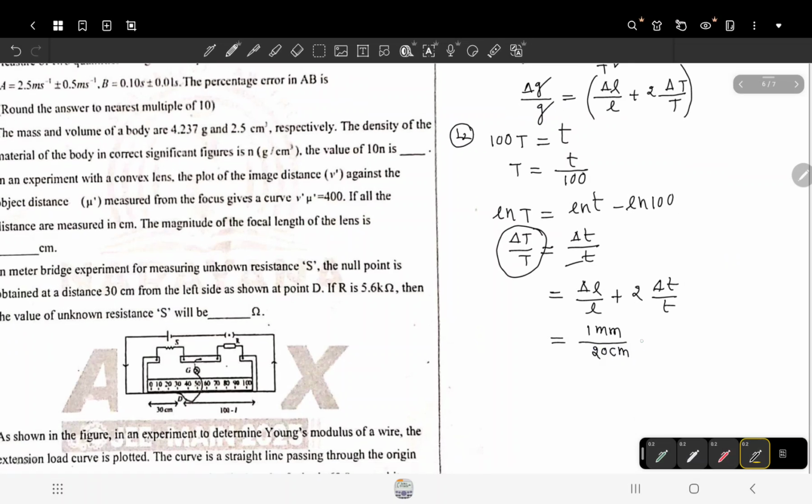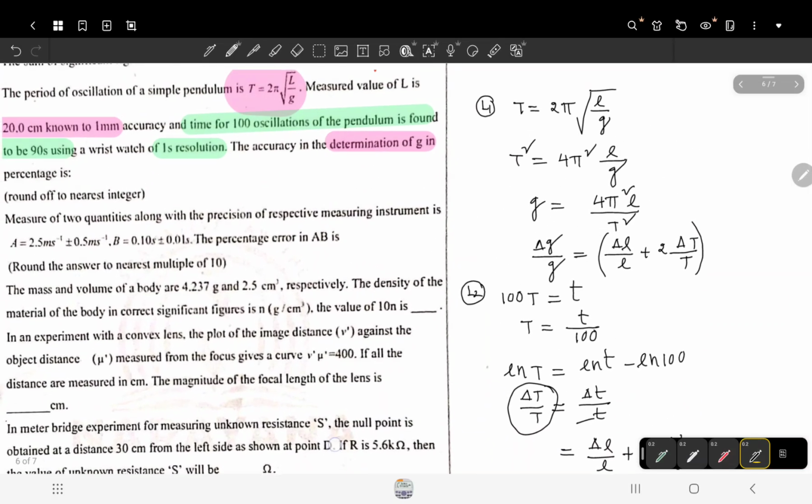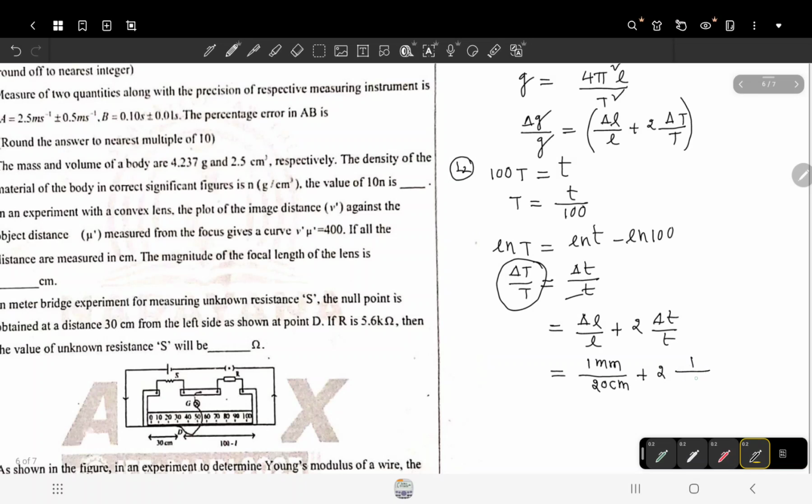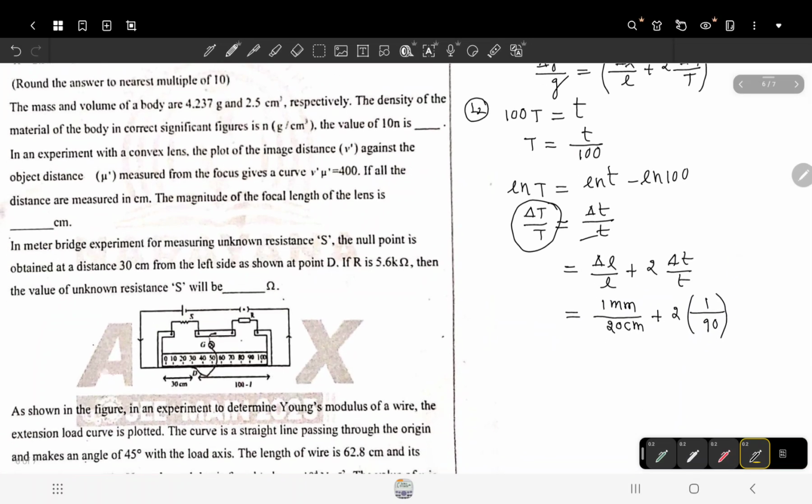Plus 2 into delta T by T, where delta T is 1 second and T is 90 seconds, right? So 1 mm can be written as 0.1 centimeter. Therefore I have 0.1 by 20 plus 2 into 1 by 90.